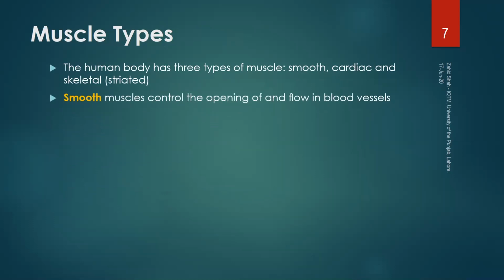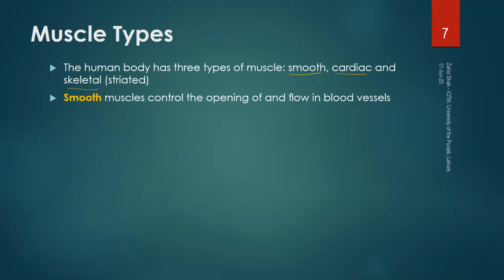We discussed in one of the previous lectures that there are 3 types of muscles in humans. They are smooth muscles, cardiac muscles, and skeletal muscles, which are also called striated muscles.